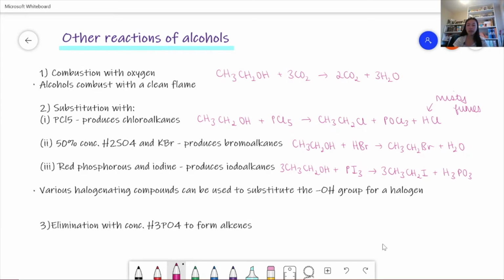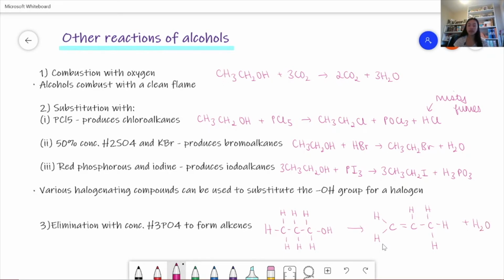So, for example, we could use propan-1-ol, which looks like this, and it would then react with this concentrated phosphoric acid to form propene, and also a water, because we've removed the water by dehydrating.